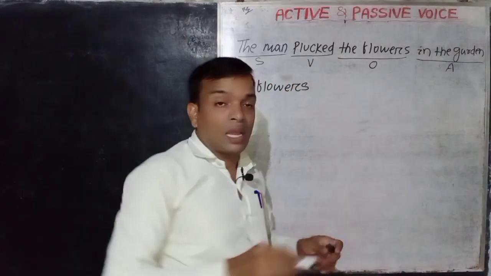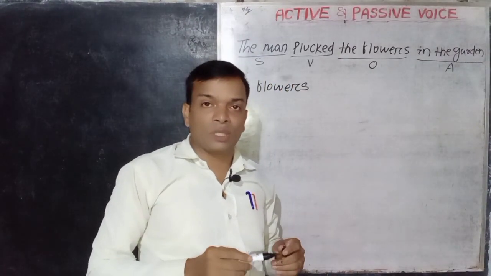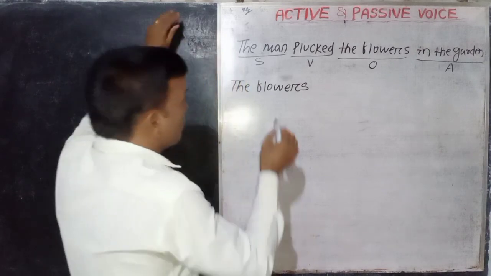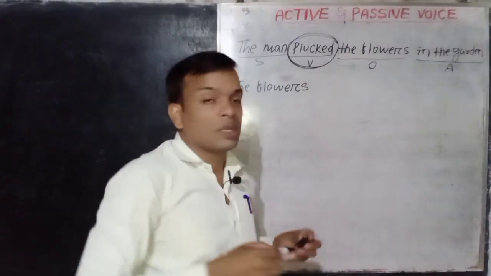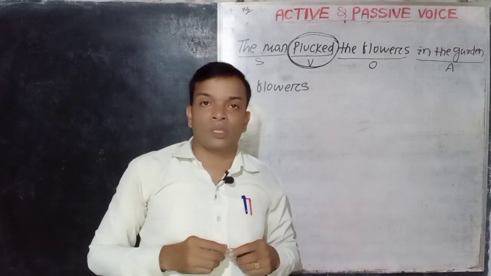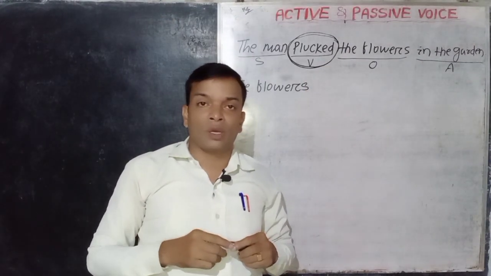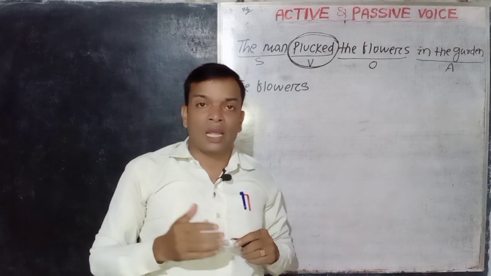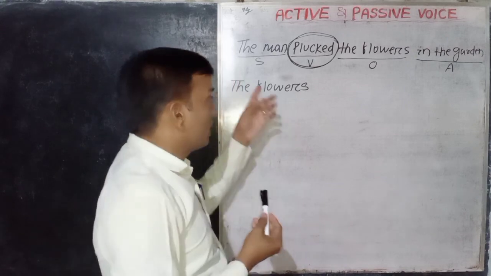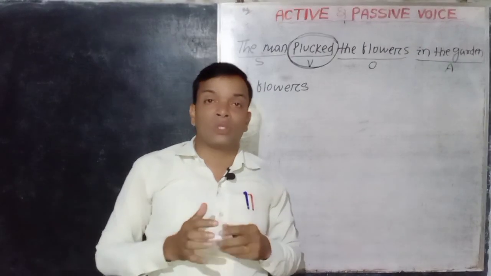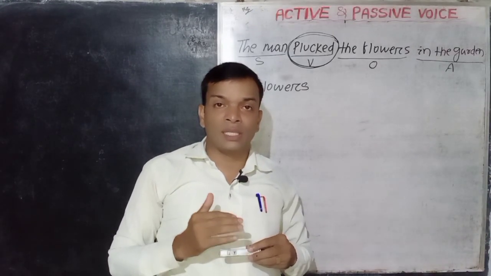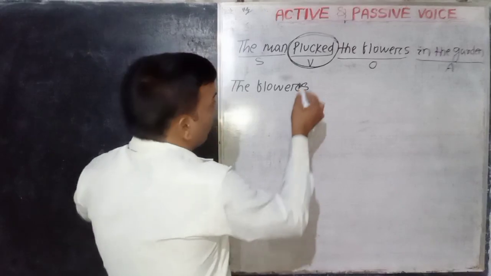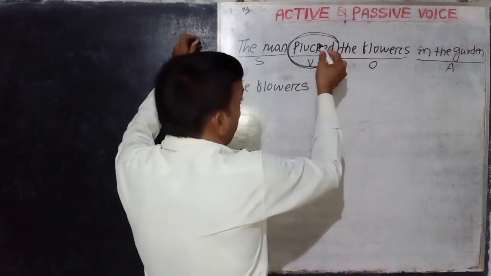Then see, here there is only one main verb, that is plucked. There are no auxiliary verbs. So just remind the rule that I have already told you, that when there is no auxiliary verb and there is only a main verb in your active voice, and when we change it into passive, then use the correct tense form of the be verb.